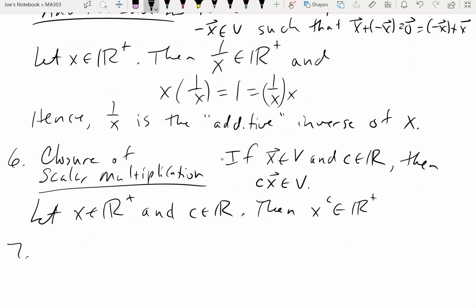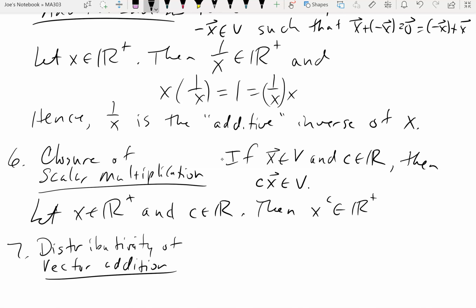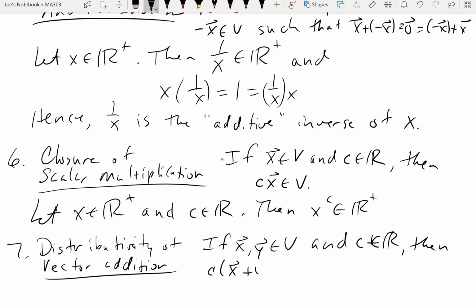All right, so the second one, the 7th and 8th, are distributivity axioms. So this is distributivity over vector addition. This says that if x and y are vectors and c is a scalar, then the scalar distributes over the vector sum.